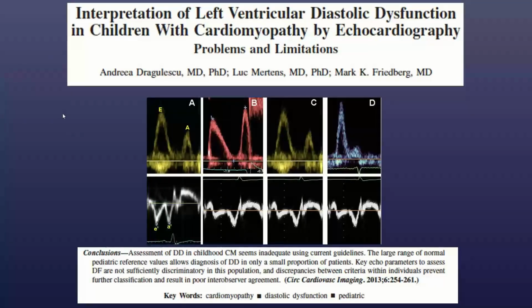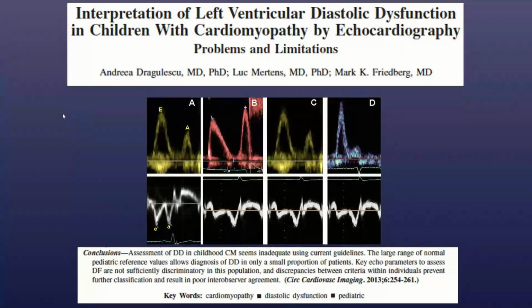And they used all the parameters recommended by the guidelines at that time for diastolic dysfunction. They applied these parameters as recommended by the American Society of Echo and by the EACVI in children. And they studied normal children, children with dilated cardiomyopathy, children with hypertrophic cardiomyopathy, and children with restrictive cardiomyopathy.